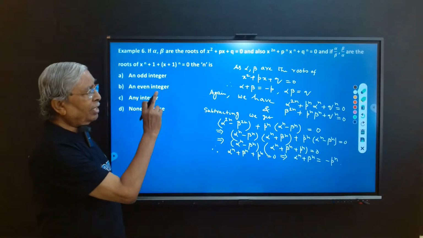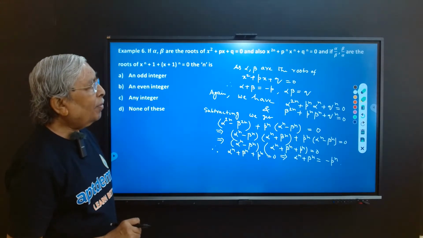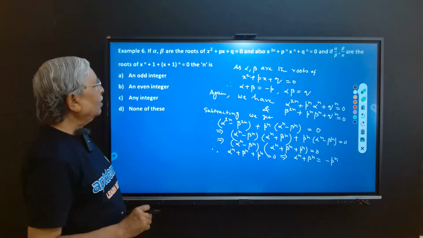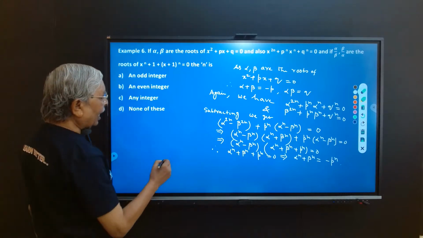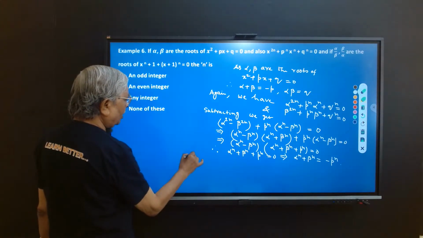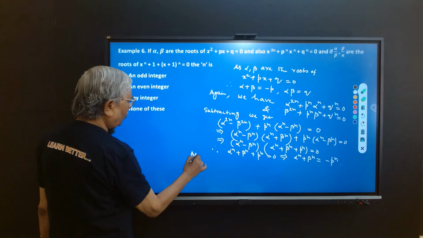Next, what we are given is that alpha by beta and beta by alpha are the roots of this equation. As alpha by beta is a root of this equation, it will satisfy.